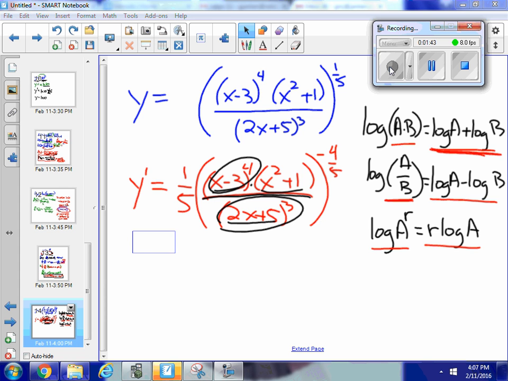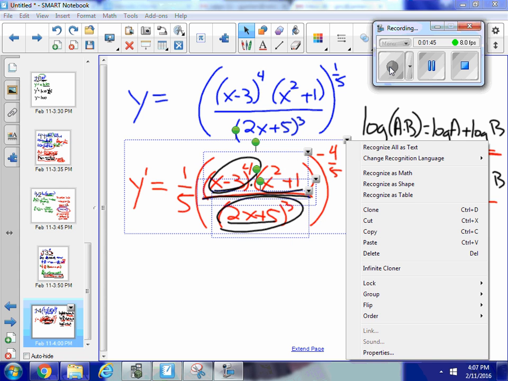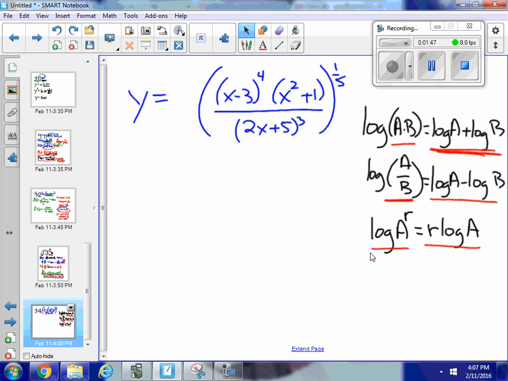The first thing I'm going to do is erase this scary mess right here. And I'm going to take a logarithm of both sides of this equation. I'm allowed to do that.